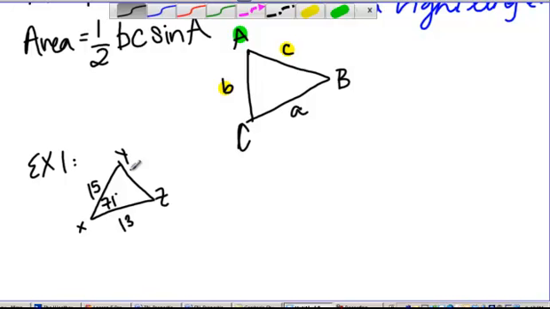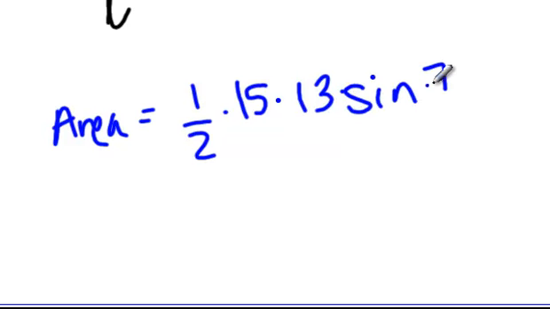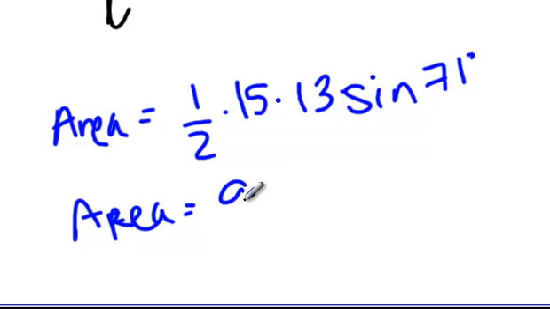So even if I gave you a length here, you're not going to use the length of YZ. So the area would be 1/2 times 15 times 13 times the sine of 71 degrees. And you'll get your area to be 92.2.